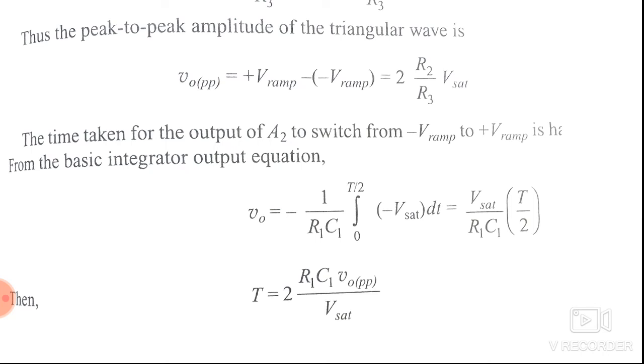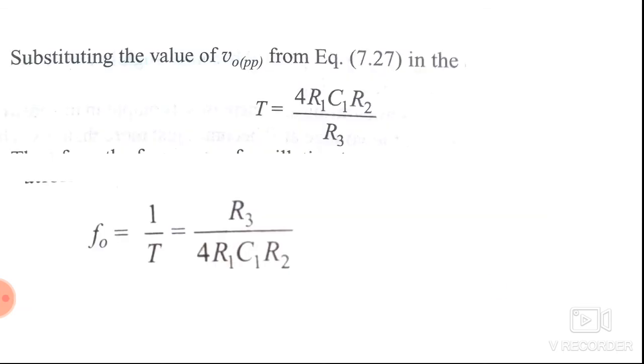So now this can be written as T equal to 2 times R1 C1 V output peak to peak upon Vsat. So from this expression we can calculate T equal to 4 times R1 C1 R2 divided by R3. So frequency can be easily calculated. Frequency is equal to 1 upon the time period. So this is giving R3 upon 4 times R1 C1 R2. So this is the frequency of the output triangular wave.